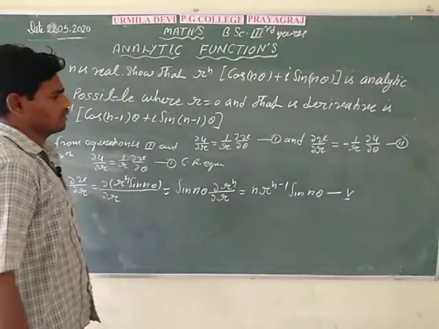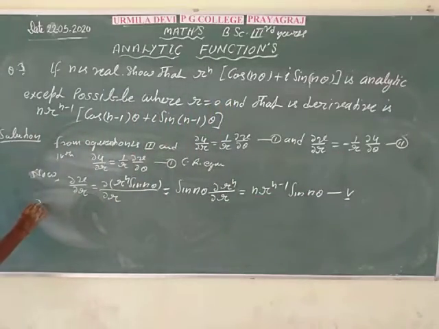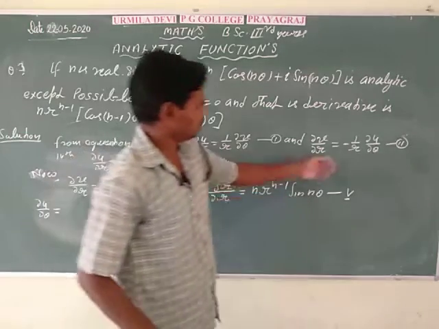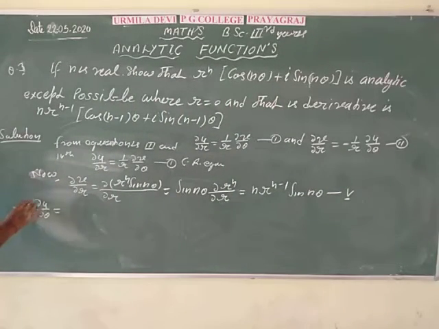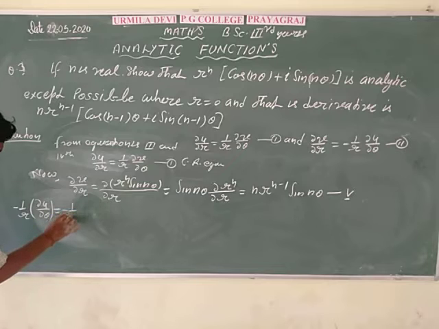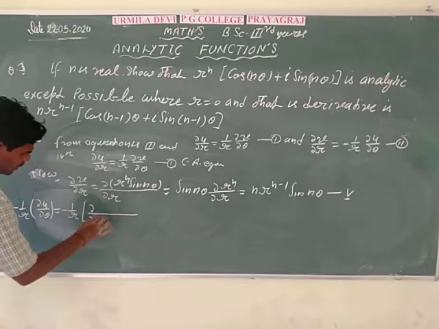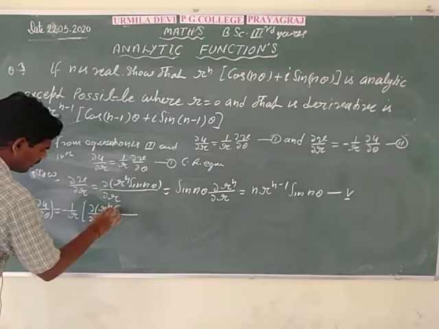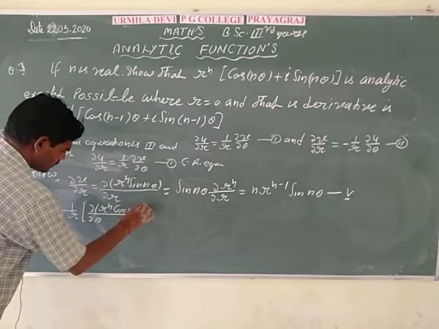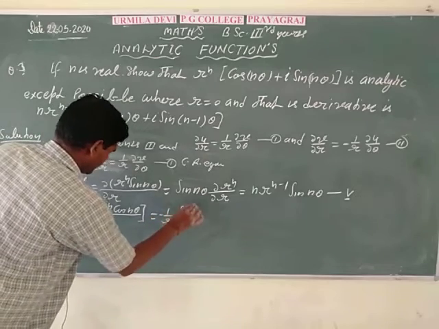Next, calculate the value of del u by del theta. So minus 1 by r del u by del theta, putting the value of u, which is r to the power n cos n theta, is equal to minus 1 by r in the bracket.